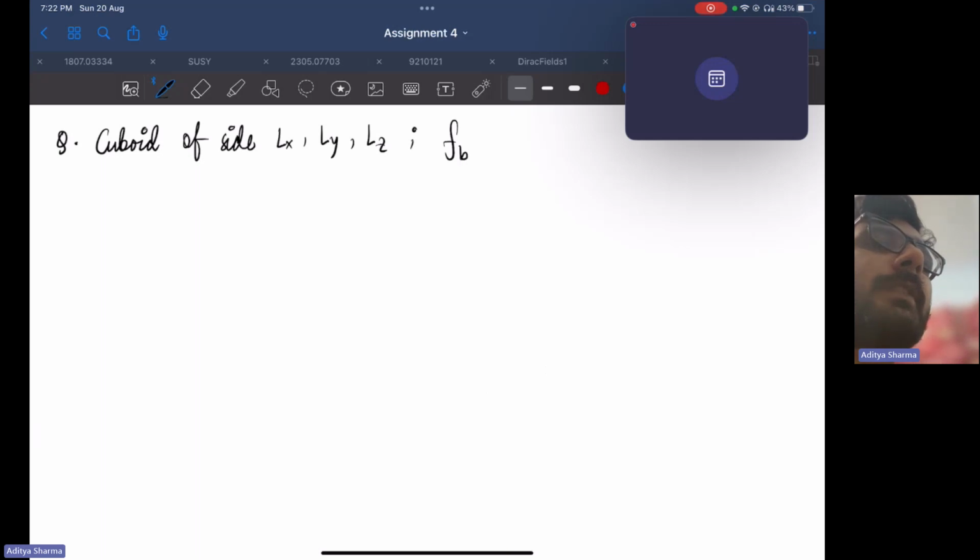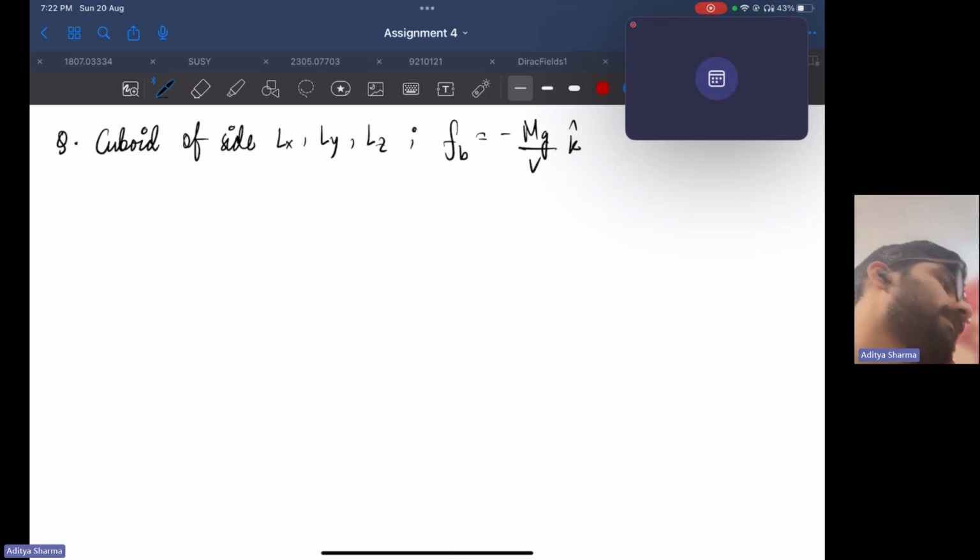The body force is given as minus mg by V k cap, where V is equal to Lx Ly Lz, which is just the volume of the cuboid.